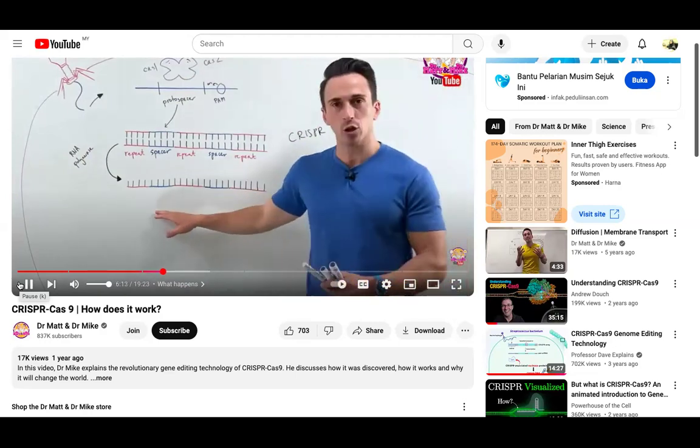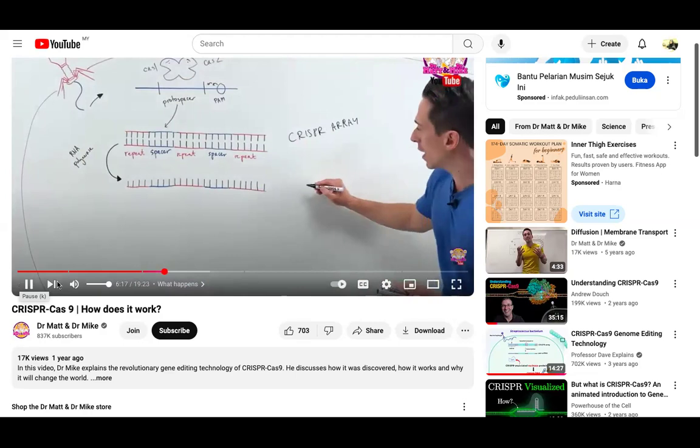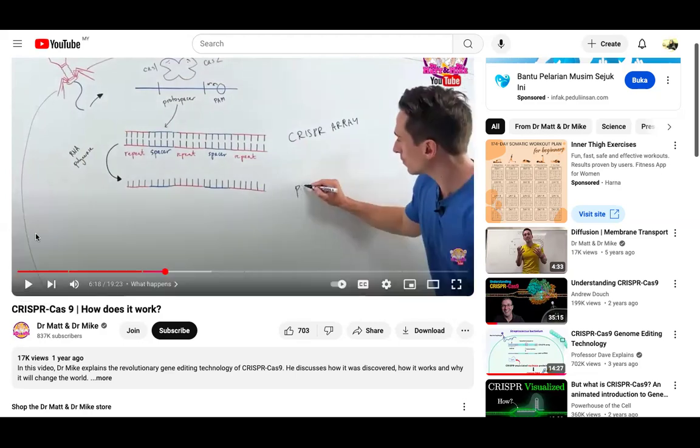So this is not called messenger RNA. This is actually called pre-CRISPR RNA. So now it is different from humans. RNA polymerase in bacteria is used for transcription of this CRISPR array DNA into RNA, and what is that called?